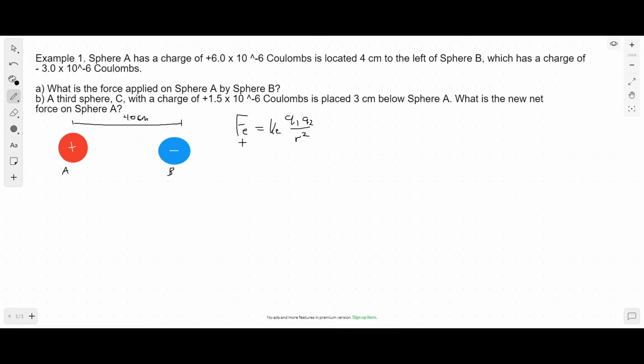The electrostatic force is equal to Coulomb's constant, multiplied by the charge of the first sphere, the charge of the second sphere, and divided by the distance between them squared. Let's put all the numbers in that we know. Let's calculate it and let's see what it gives us.